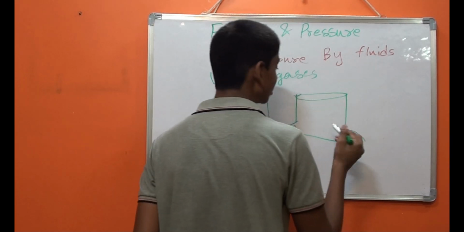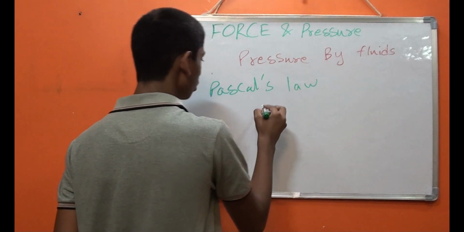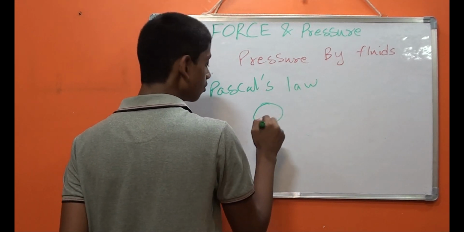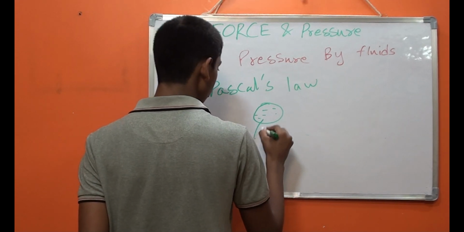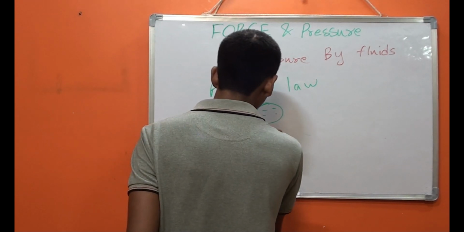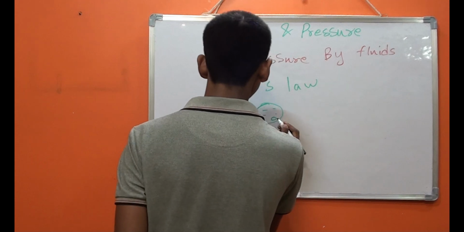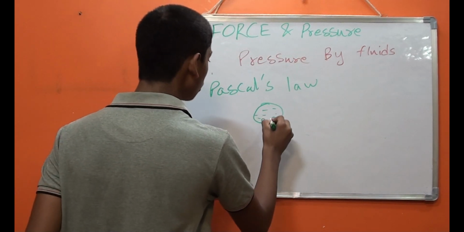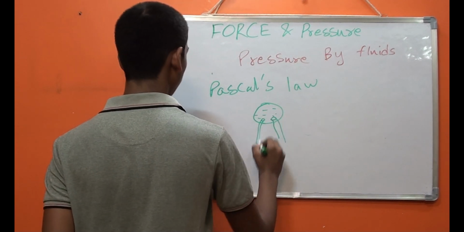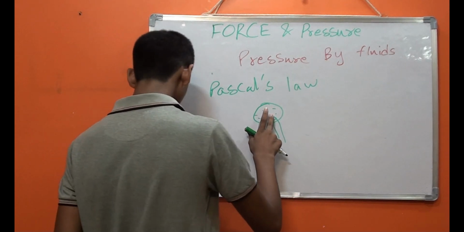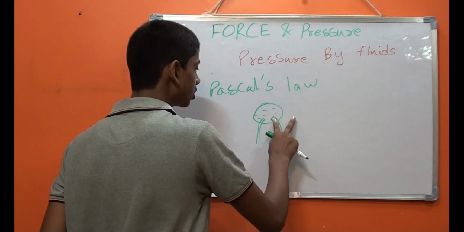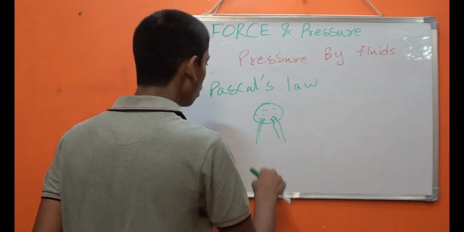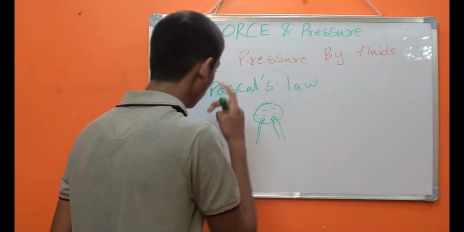Let's see Pascal's law. Take a bag filled with water. Now you make two holes. Now the water would fall off. When you squeeze the bag, the water from this hole and the water from this hole would fall at the same distance.